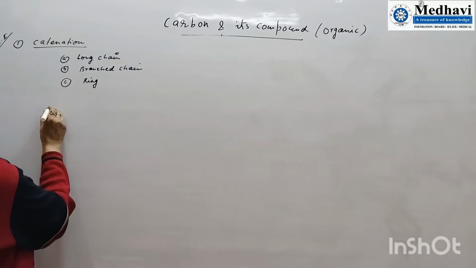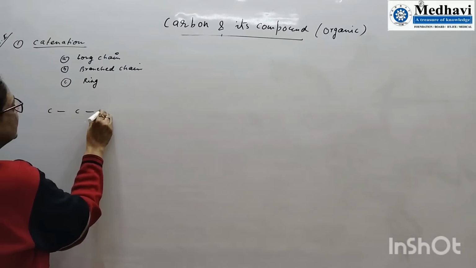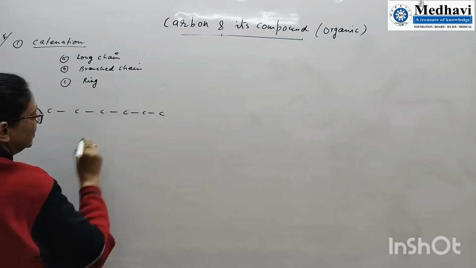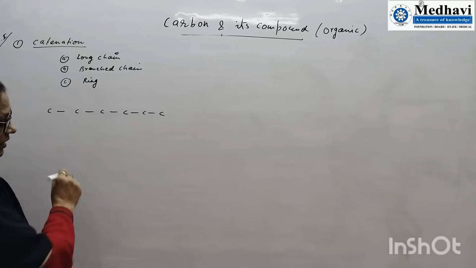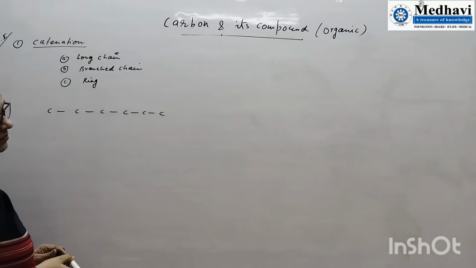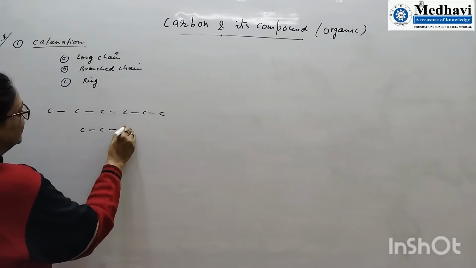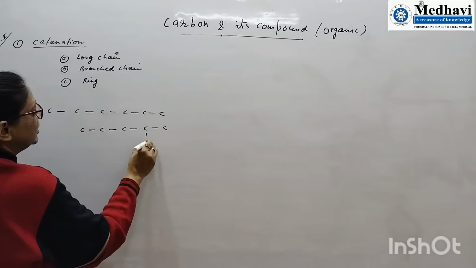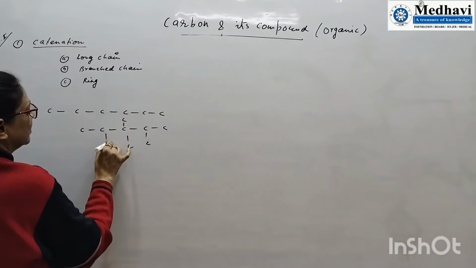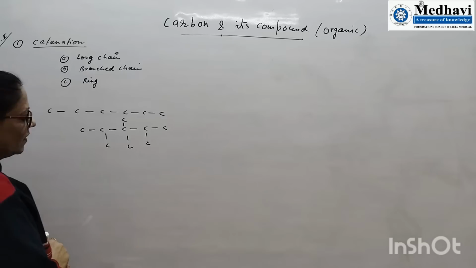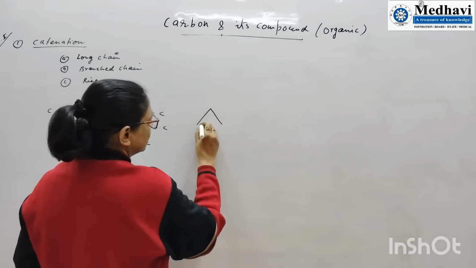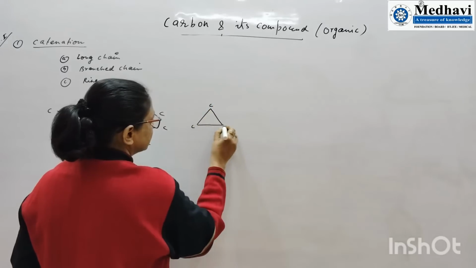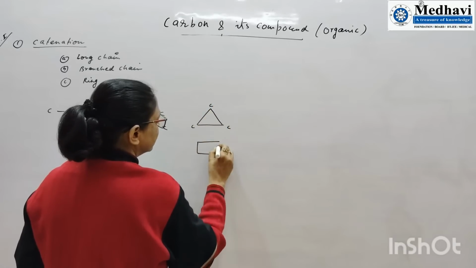If we see the structure, here, this is the nature of carbon. It can join with other carbon and form a long chain. Not only that, it can make branches with the carbon also, like this. And carbon can form a ring also, like this.